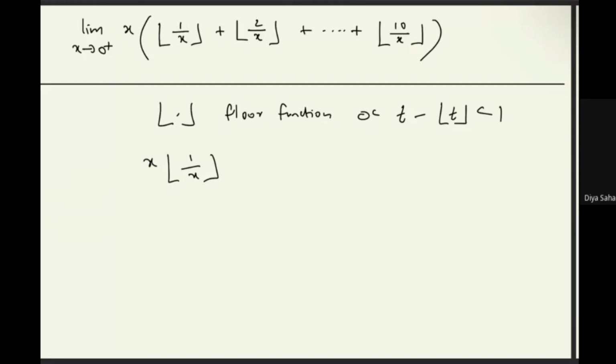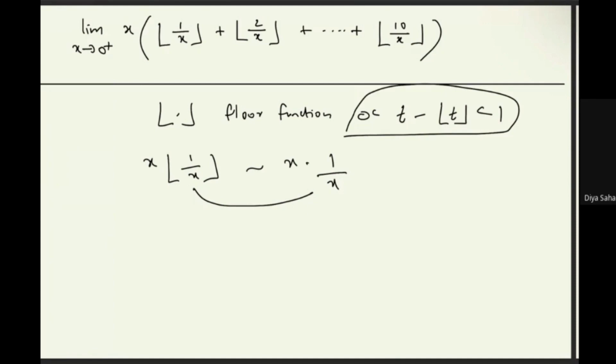What I'm saying is I am expecting something like this, because 1 by x and the floor function of 1 by x are not very far away from each other. That's why I said this statement.